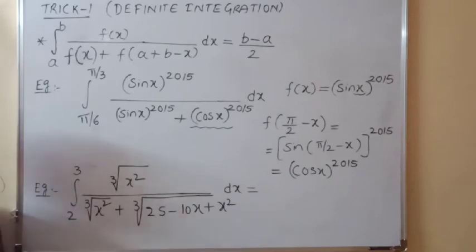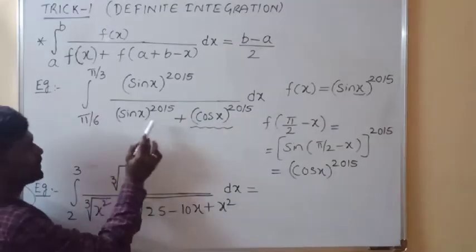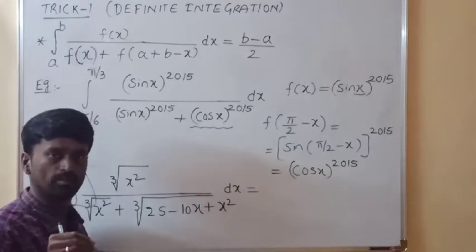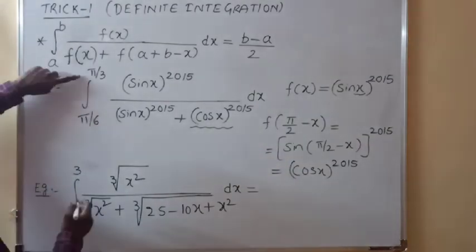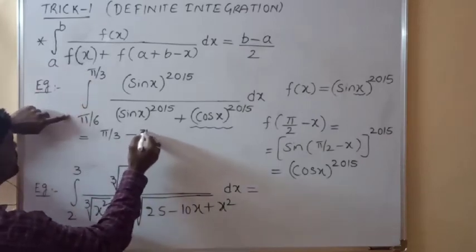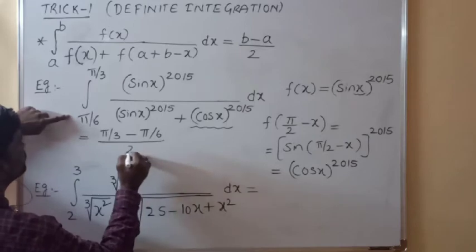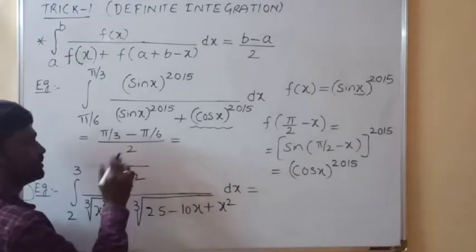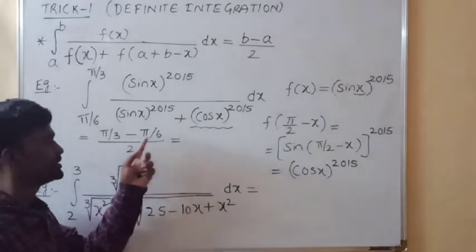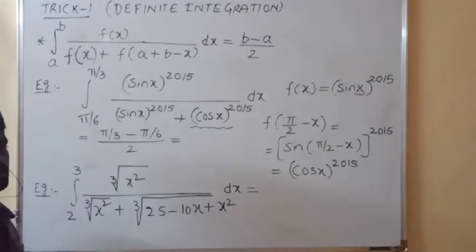So the given question is in the form integral a to b of f of x by f of x plus f of (a plus b minus x) dx. The trick says: upper limit minus lower limit divided by 2. The upper limit is pi by 3 and the lower limit is pi by 6, so pi by 3 minus pi by 6, that is 60 minus 30, which is pi by 6, divided by 2.